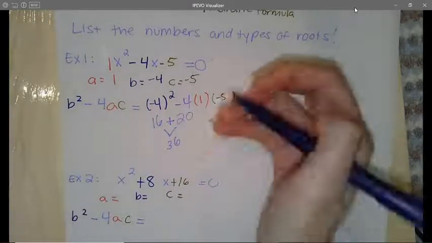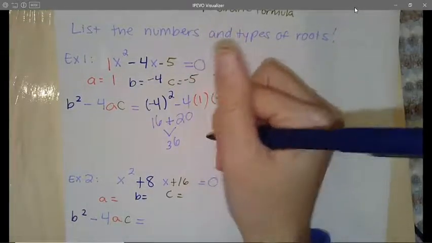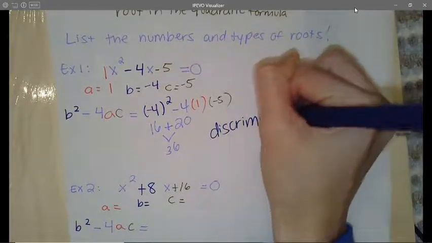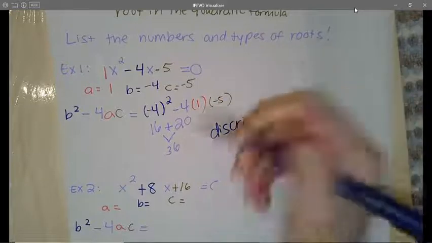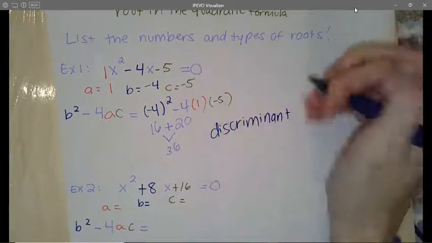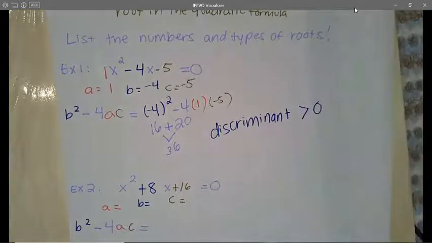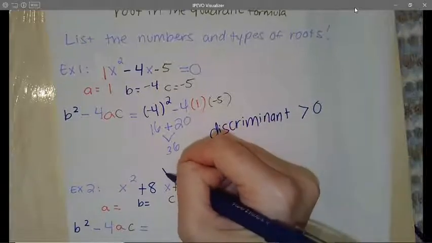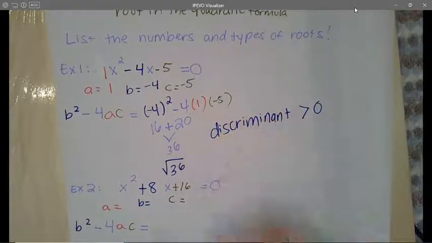So the discriminant is 36, and 36 is greater than 0. Also, our discriminant is a perfect square. If I were to put that under a square root, we can take the square root of 36. The square root of 36 is going to be 6.